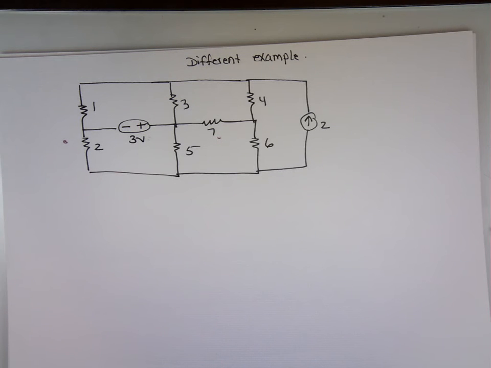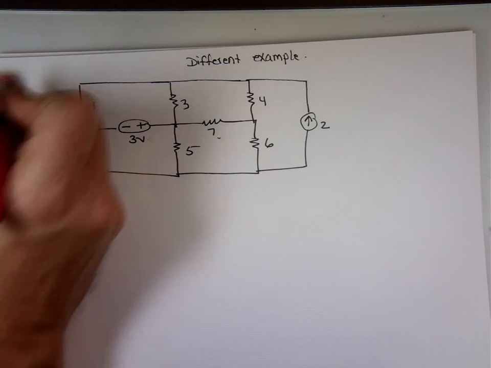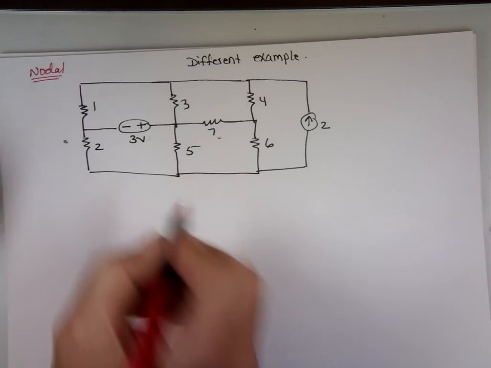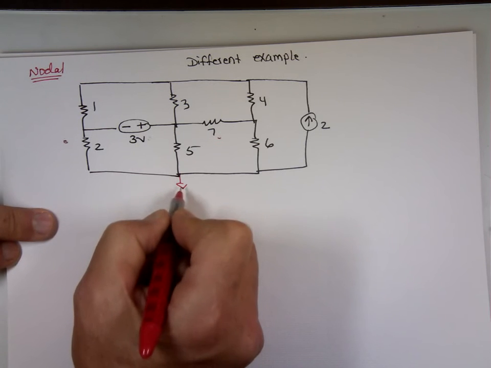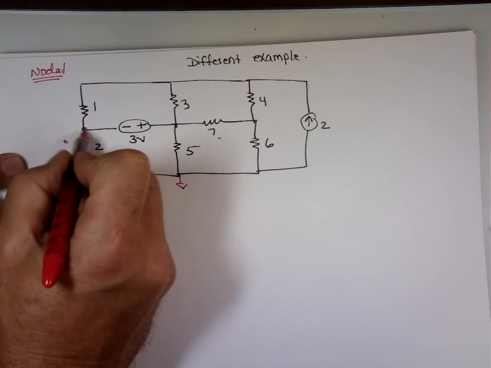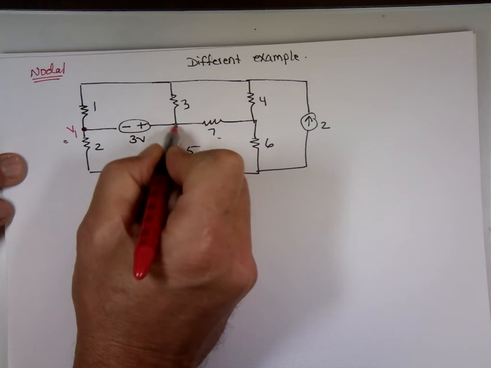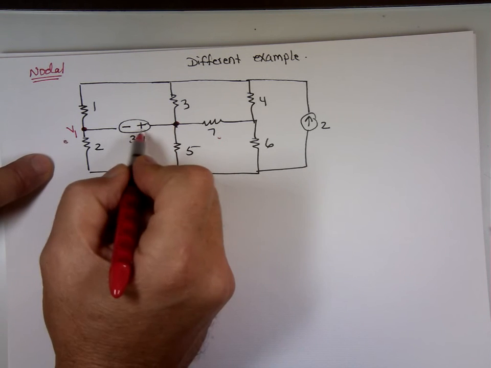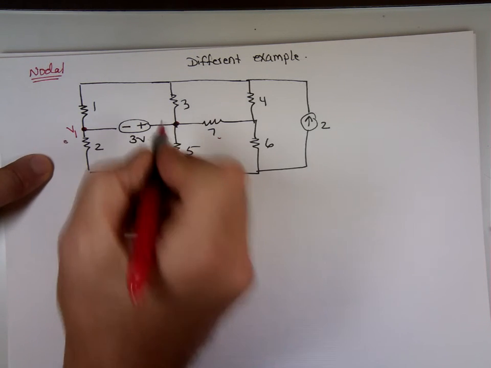So let's look at nodal now. This is ground. If this is V1 here, what's this voltage here? V1 minus 3 volts. How about plus 3? V1 plus 3, because this end is 3 volts higher than that end.